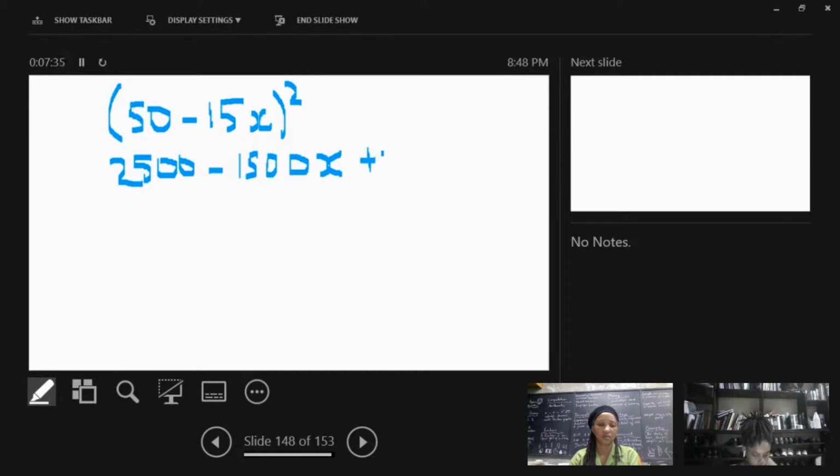It's positive. Negative 15 times negative 15 is positive. Oh, wait, it's 225x squared.